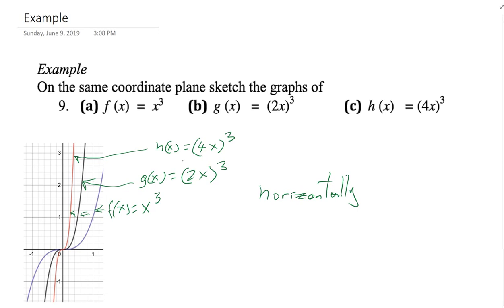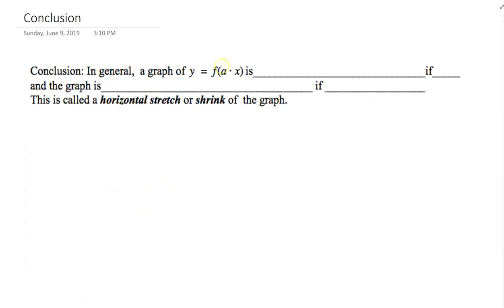Notice the numbers here, 2 and 4, are bigger than 1, so we can conclude that y equals f of a times x is shrunk horizontally if a is greater than 1.